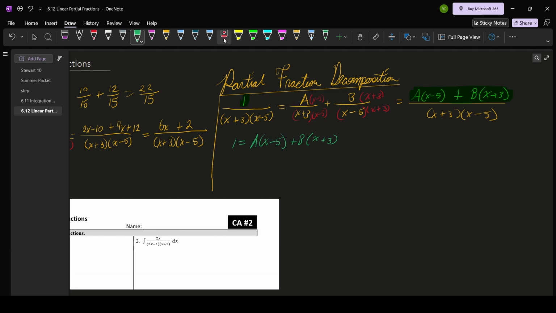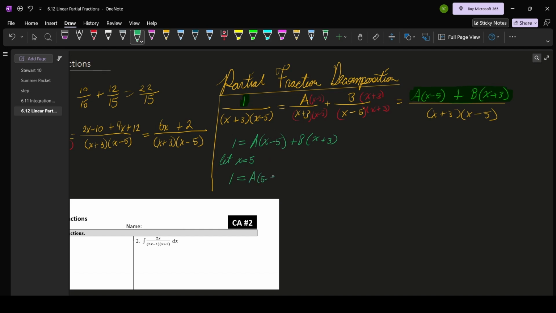So what we're going to do is select the values of x that will make each term cancel out. In this case, the first value of x that we're going to use is 5 because 5 minus 5 is 0. That'll make this entire term go bye-bye. So let's let x equal 5, and then we can say 1 equals, well, plugging in 5 here is going to give us 0. I'll write it out, but you don't need to.